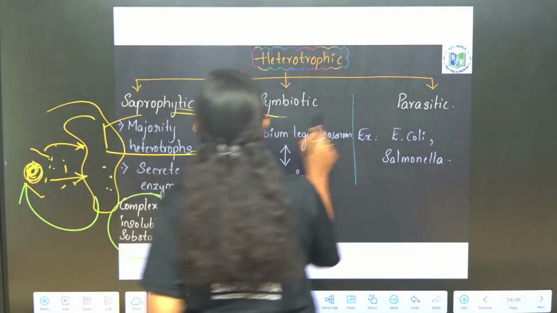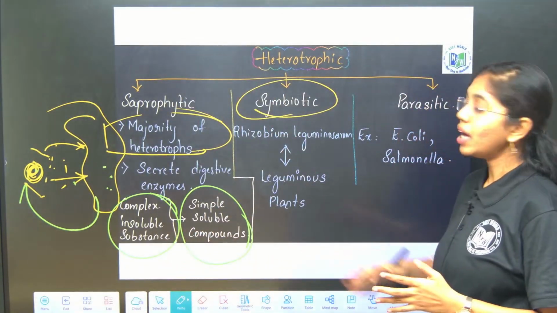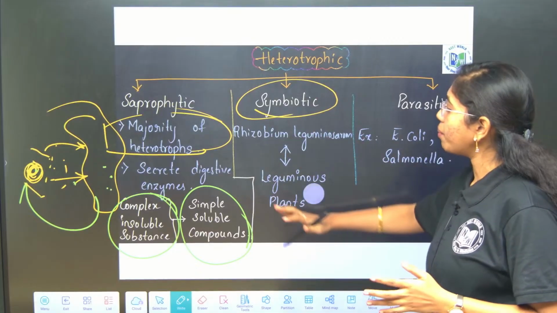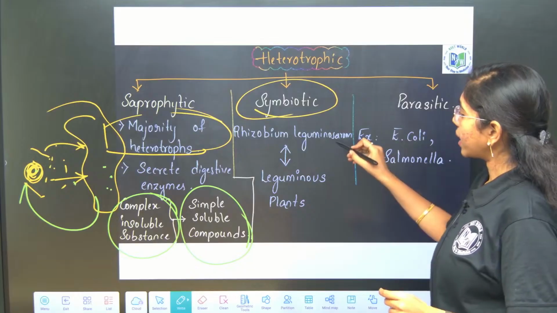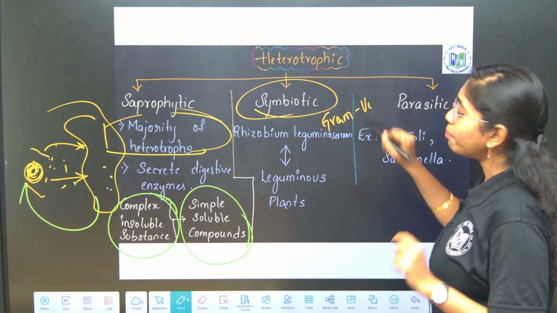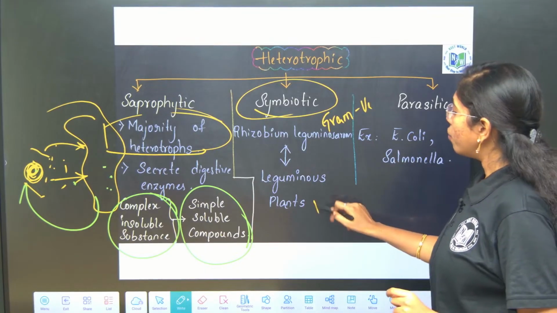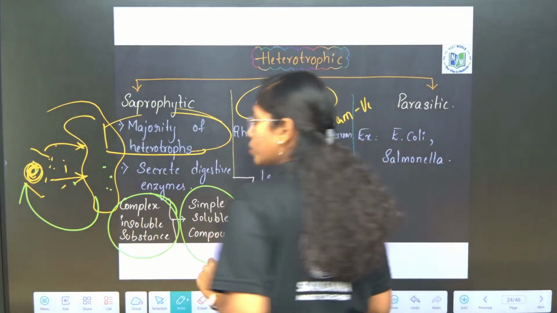Next is symbiotic mode of nutrition. In symbiotic mode of nutrition, what happens? The best example is Rhizobium leguminosarum, which is a gram negative bacteria symbiotically associated with roots of leguminous plants, whose major function is what?